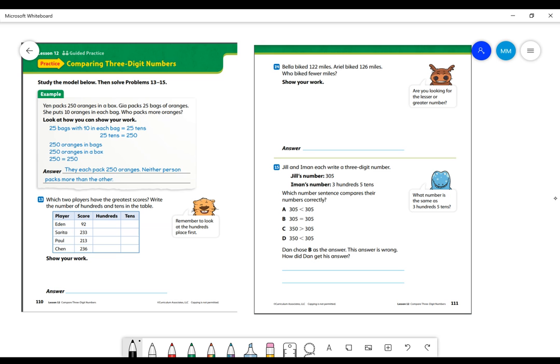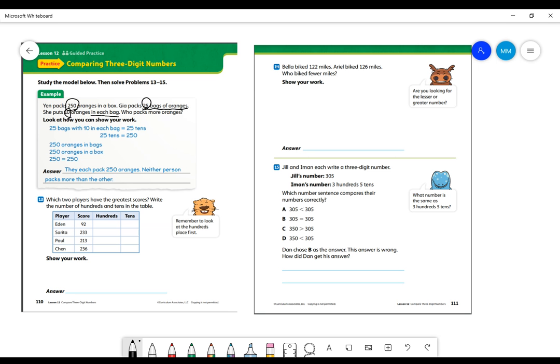All right. Yen packs 250 oranges in a box. Gia packs 25 bags of oranges. She puts 10 oranges in each bag. Who packs more oranges?